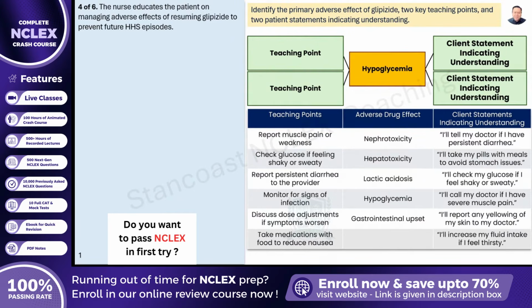So this is especially likely if they're not eating consistently or are more insulin sensitive after the episode. So the bottom line here is hypoglycemia is the most important adverse effect to monitor in patients when they restart taking the glipizide after the HHS.